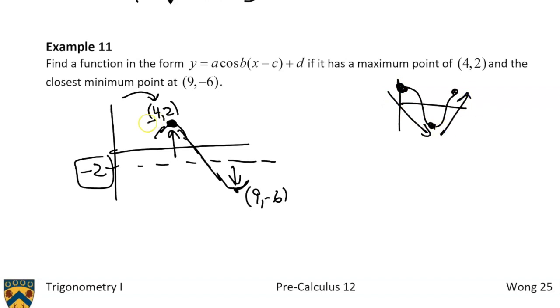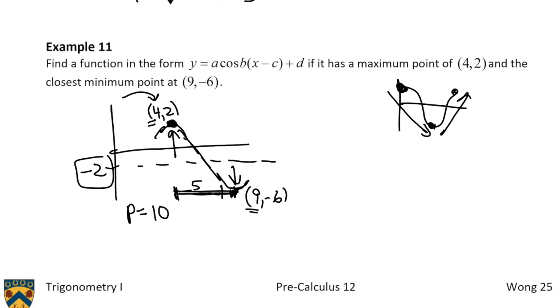So going from an x value of 4 to an x value of 9, going over 5 units, represents half of the period, which means your whole period would be 5 doubled, a period of 10. That's because this was a distance of 5 units, representing half of our period, so our full period would be 10 units.